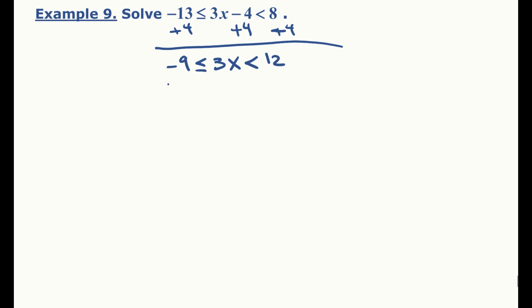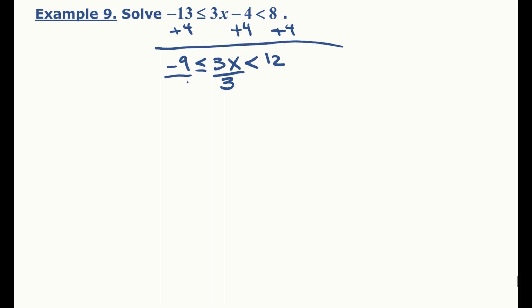So now the only thing left to do is to go ahead and get rid of the 3, which we can do by dividing it off. So we're going to go ahead and divide the middle part by 3, which we can do without worrying about changing the direction or anything like that, because we're dividing by a positive number.